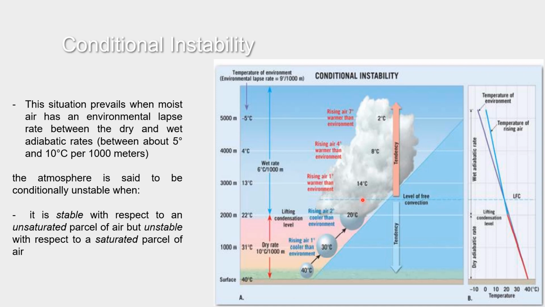So above this level, 2,500 meters and above, the parcel of air is warmer than its environment, and it will continue to rise because of the buoyancy. So thus, when conditionally unstable air is forced to rise, the result is what you can see, the towering cumulus clouds. So this, in the B, is just a graphical representation of conditions shown in the A.